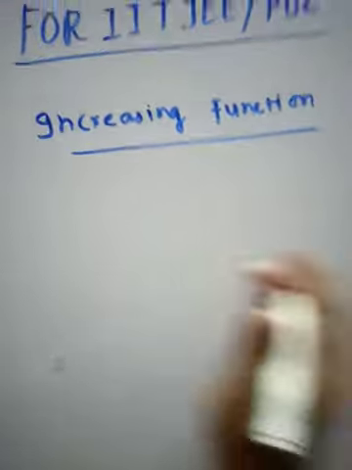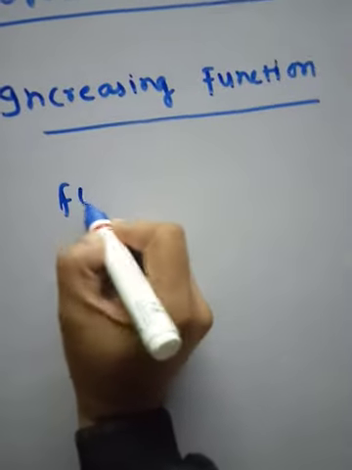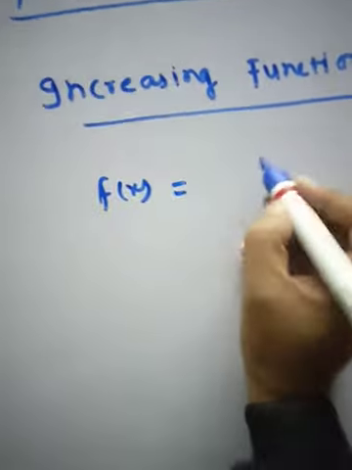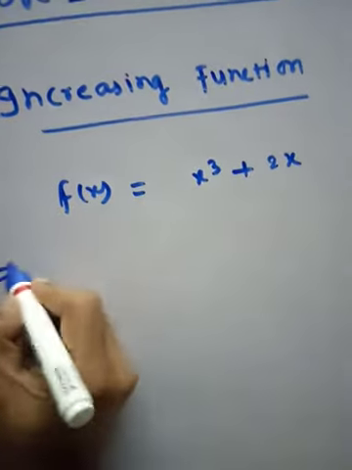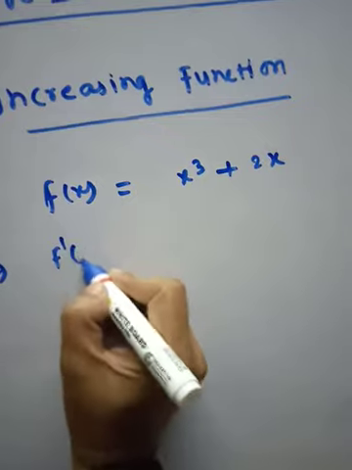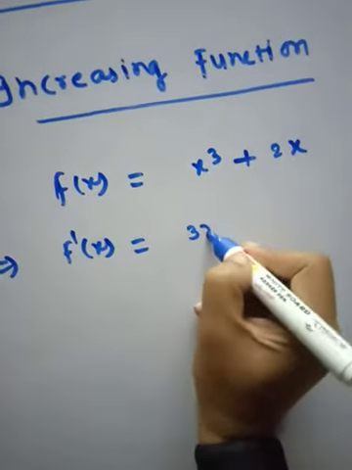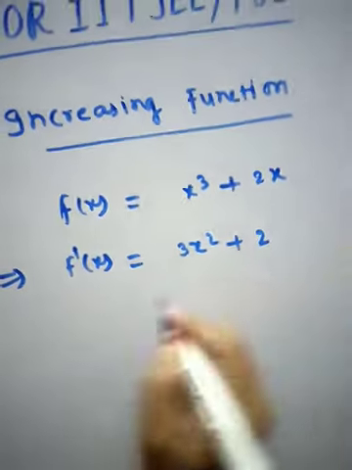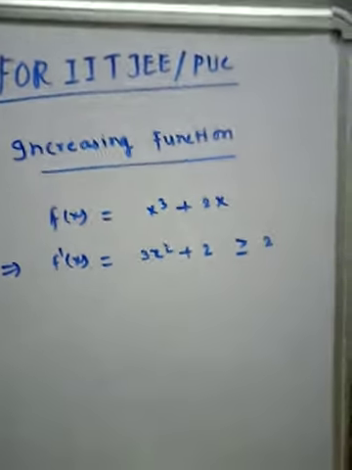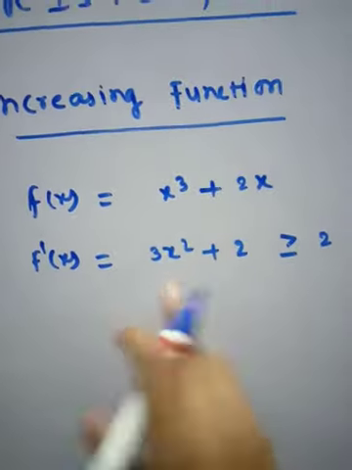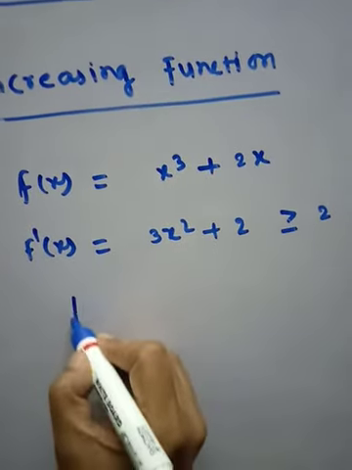Now for strictly increasing, suppose you have fx equal to x cube plus 2x. What is the differentiation of fx, f dash x? It will be 3x square plus 2, and that will always be greater than or equal to 2. Why?